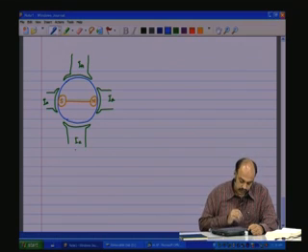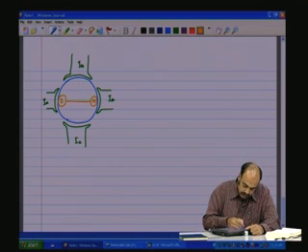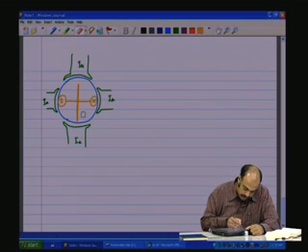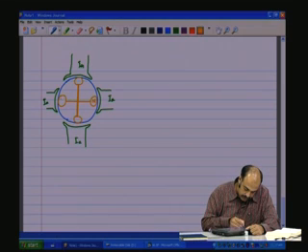Now we have 4 poles. So at any given point of time, we will be having 2 imaginary dumbbells, which are like that. So we have these 2 imaginary dumbbells, and let us say this is north, this is south, this is south.